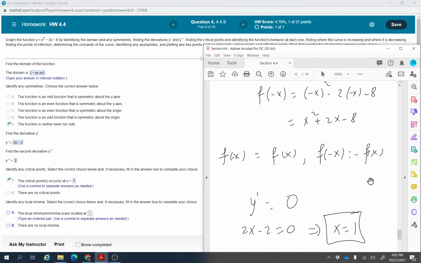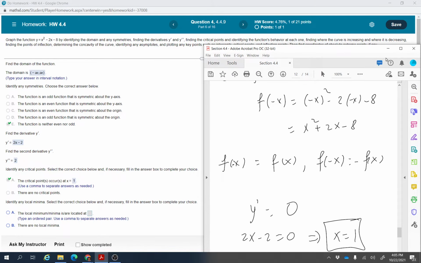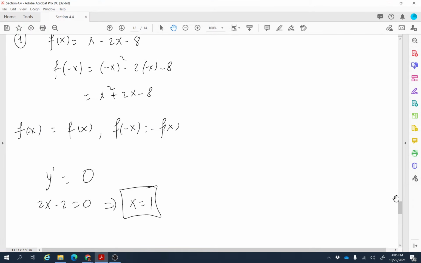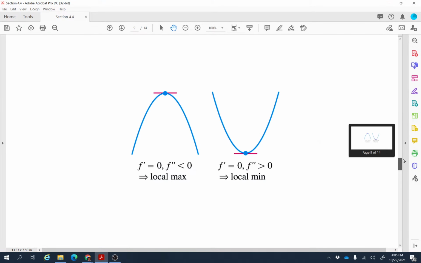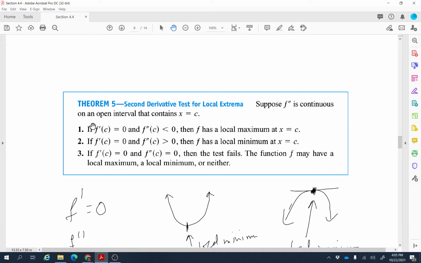So if we go back here to our notes, we have one test. It says if your first derivative is 0 at some point and if the second derivative is positive, look at this number 2, then f has a local minimum at that point. So if the second derivative is positive, the only possibility is a local minimum at that point.